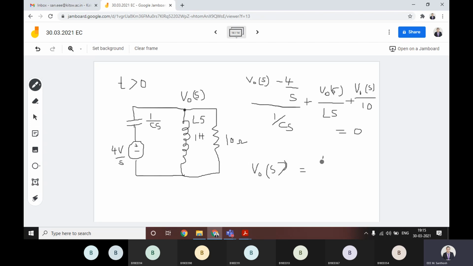I am getting this value, so check with it at least. You are getting the same or not? 4s by s plus 20 whole square. You are getting this?